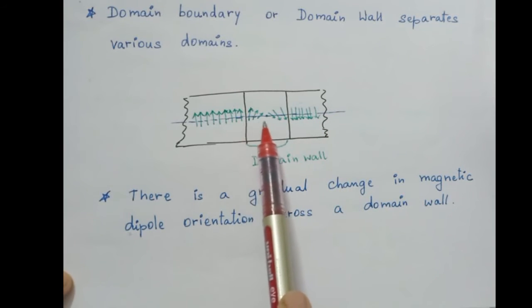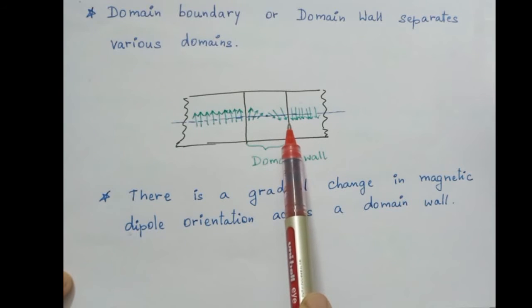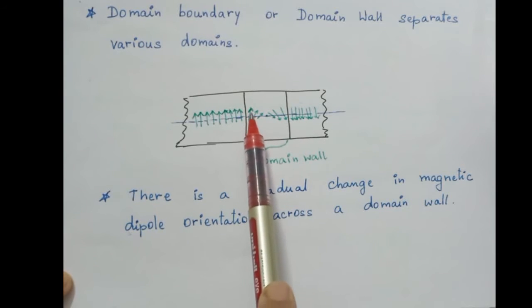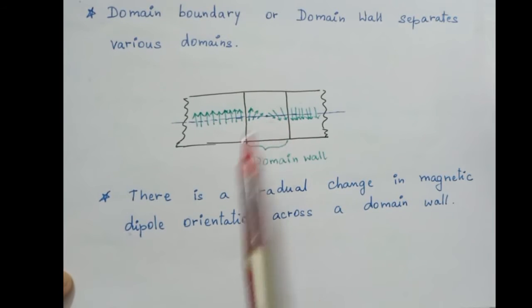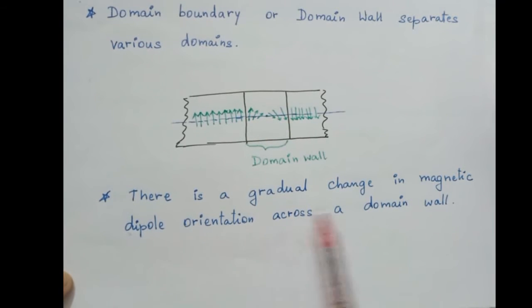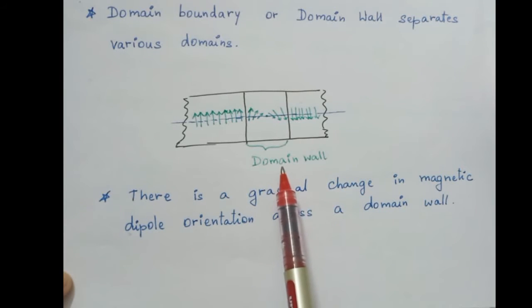But there is not an abrupt change across the domain wall. Instead, there is a very gradual change in the orientation as seen here. This is one of the characteristics of the domain. There is a gradual change in the magnetic dipole orientation across a domain wall.